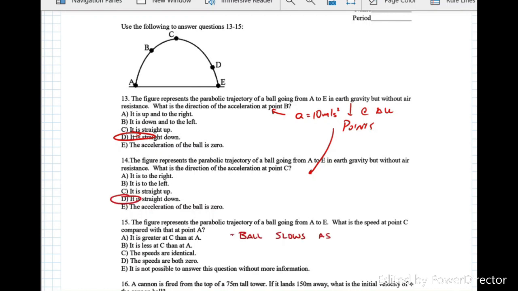So because the ball slows as it moves up, and speeds up as it goes down, as we go from A to point C, we're slowing down. So the speed is less than it is at point A.